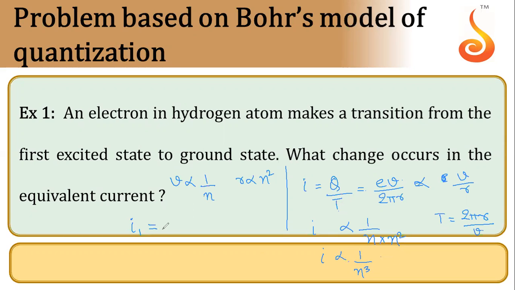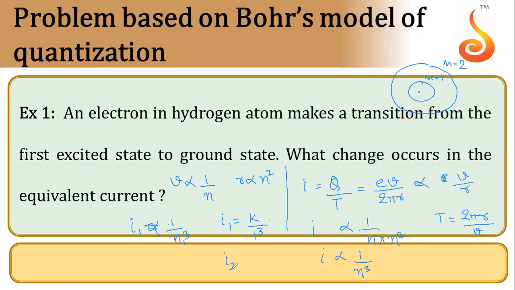So for the ground state, the current was directly proportional to 1 by n1 cube, or you can say current was k by 1 cube, where k is a constant. When it is in the ground state, the value of n is equal to 1, and when it is in the first excited state, the value of n is equal to 2.